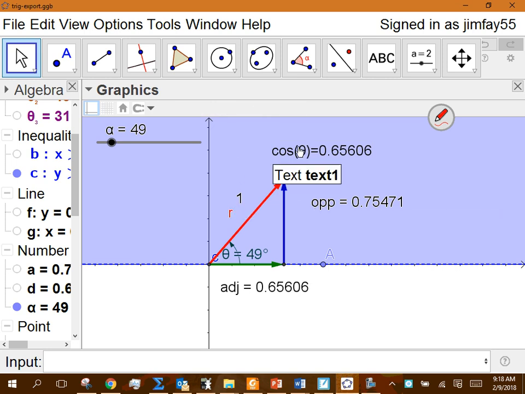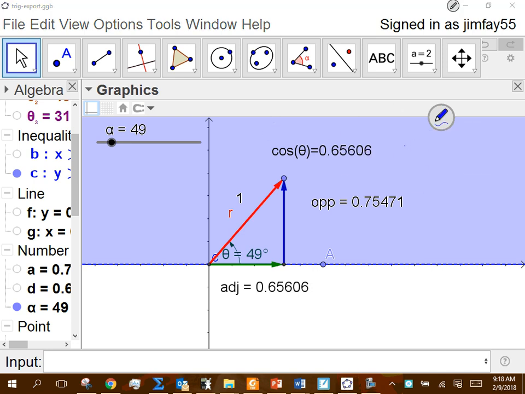But as we start to deal with our calculator, if I type in cosine of 49 degrees, this is the number that's going to spit back, right? 0.65606. But if I type in cosine inverse of 0.65606, what's going to get spit back? 49, right?